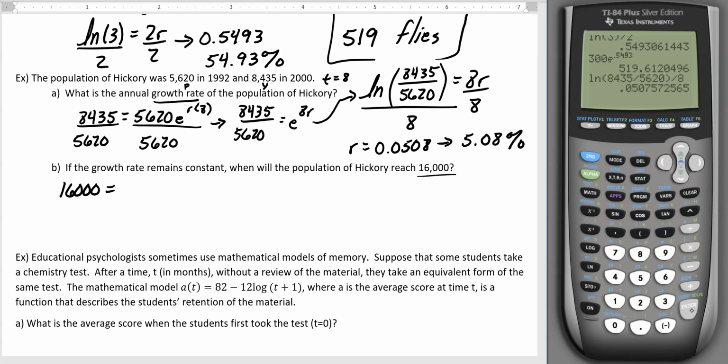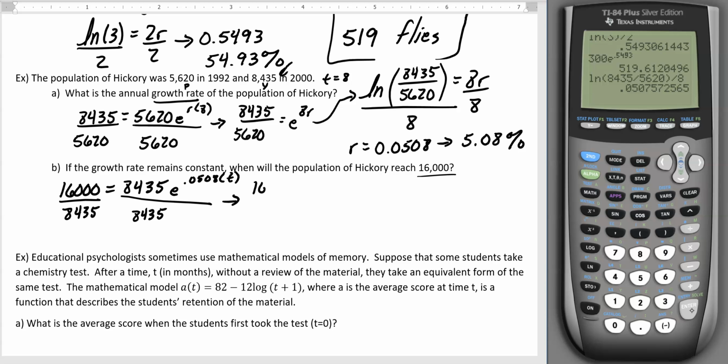Now, again, I have two options here. I'm going to use this amount here, 8,435, as my initial. And I'll say e to the 0.0508 times t. This time I'm trying to figure out what t equals. So I do the same process, basically divide by 8,435 to get my base all by itself.